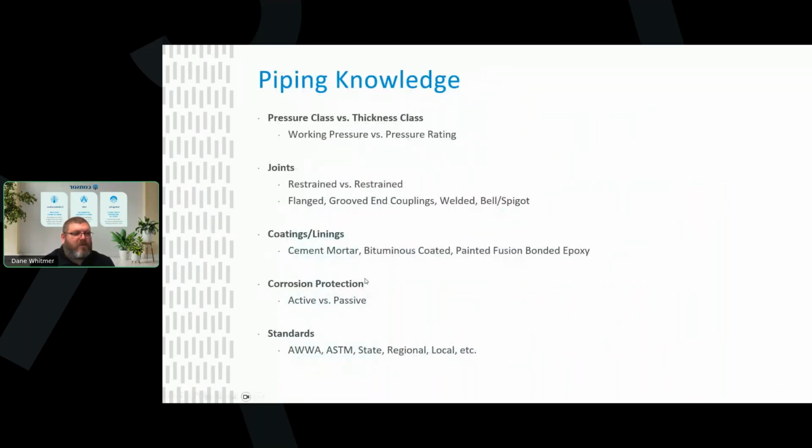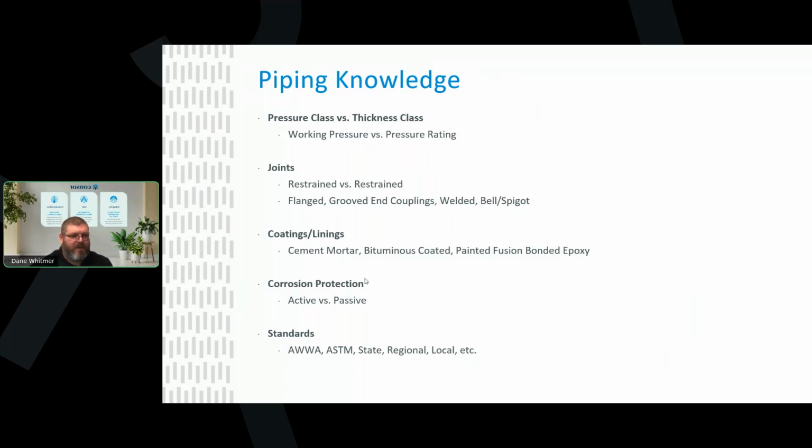So a couple things we'll go over today, and what you should probably have in your back pocket when it comes to piping knowledge. Understanding the concepts of pipes, pressure class, the working pressure rating, thickness class. Understand how joints are made for the different types of pipes, where to use them, when to use them, the ideas of restrained versus unrestrained.